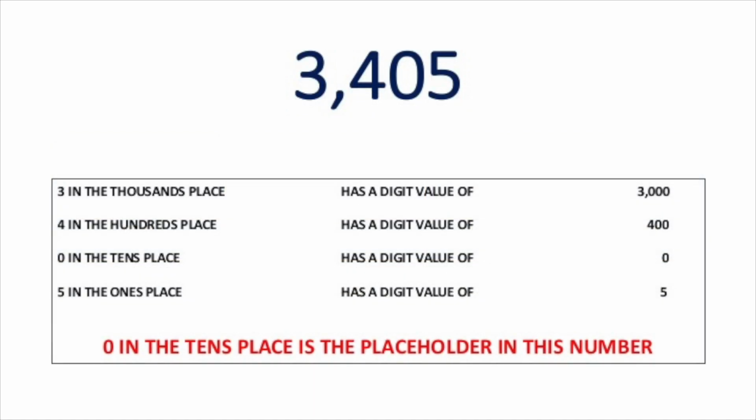The 0 in the tens place is the placeholder in this number. It holds the place of the hundreds and the ones so that they have their correct value.